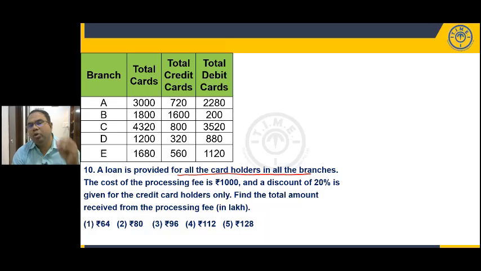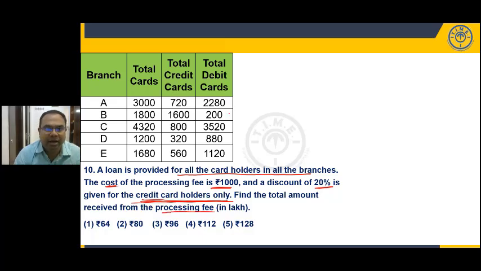The processing fee is 1000 rupees. A discount of 20% is given for credit card holders only. Debit card holders get no discount in the processing fee. Find the total amount received from the processing fee in lakhs.